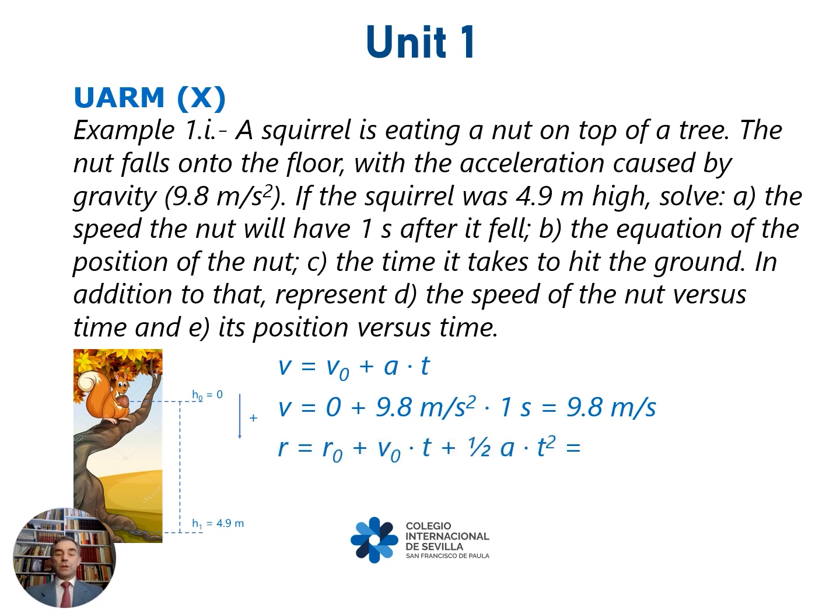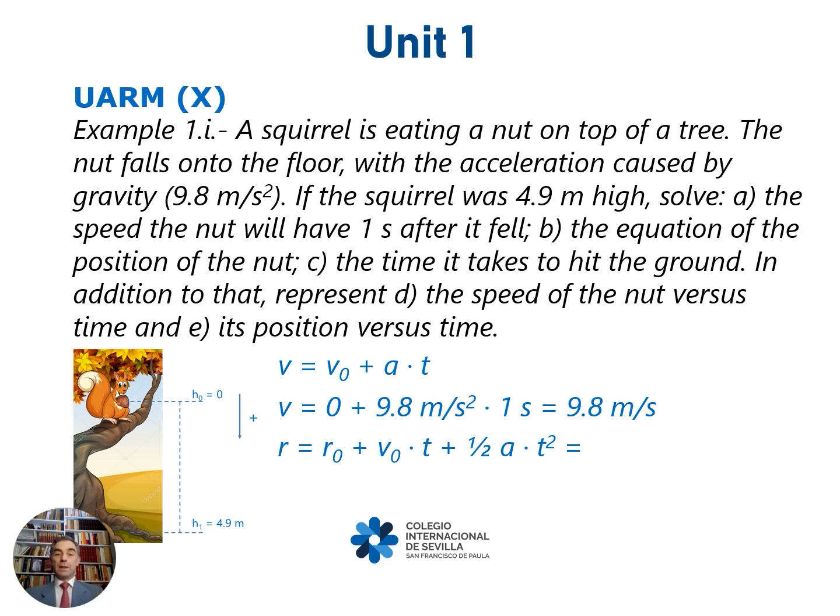The position is given by the expression r, position, equals r0, initial position, plus v0, initial speed, times time, plus a half of the acceleration times the time squared. In our case, the origin of coordinates is the initial position because it starts from 0.